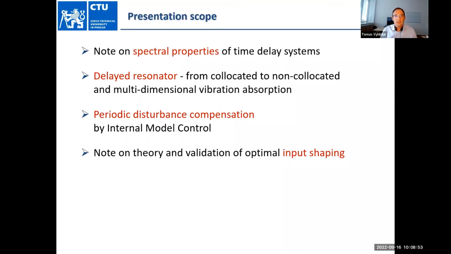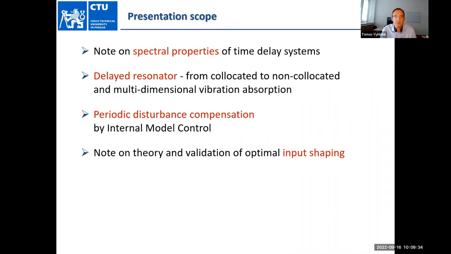In my talk I will very briefly mention spectral properties of time delay systems, because in the synthesis of our algorithms we use this approach. So we use spectral and frequency domain synthesis. Then a large part of my presentation will be devoted to the delayed resonator, some recent results, a bit theoretical, but mainly you will see the experimental validation.